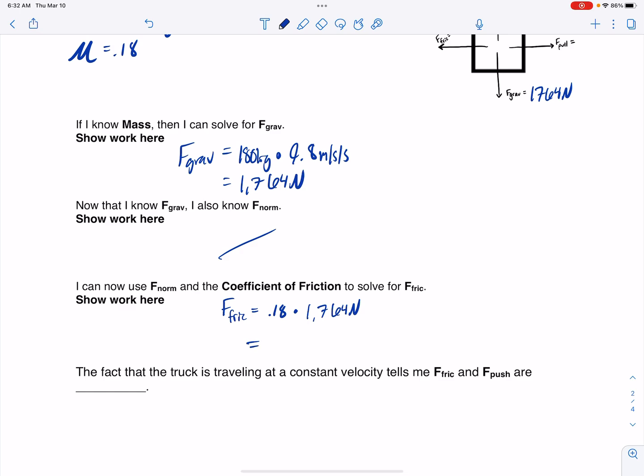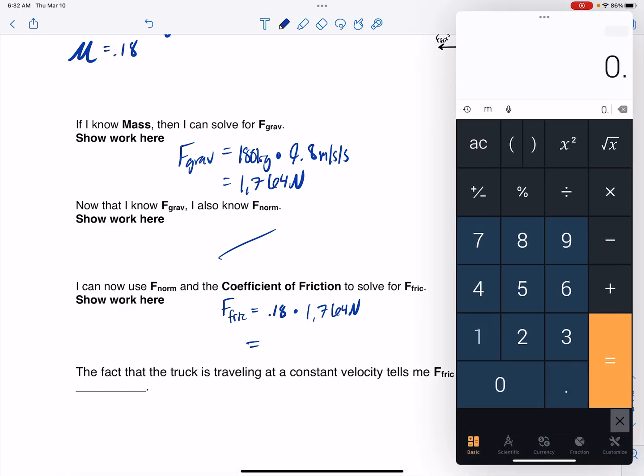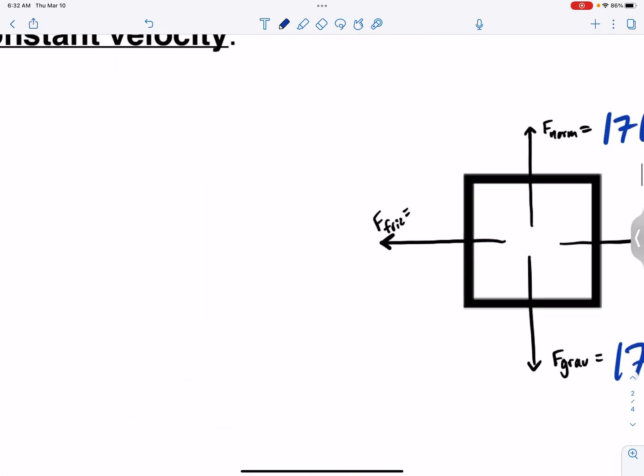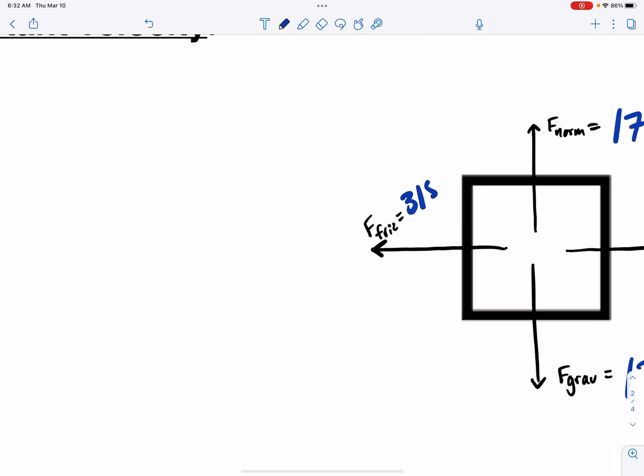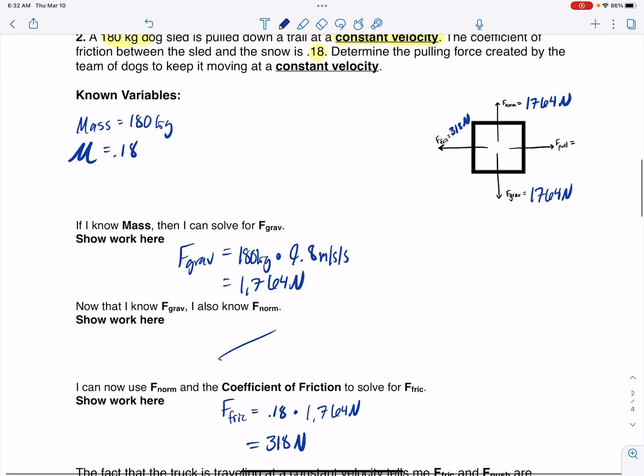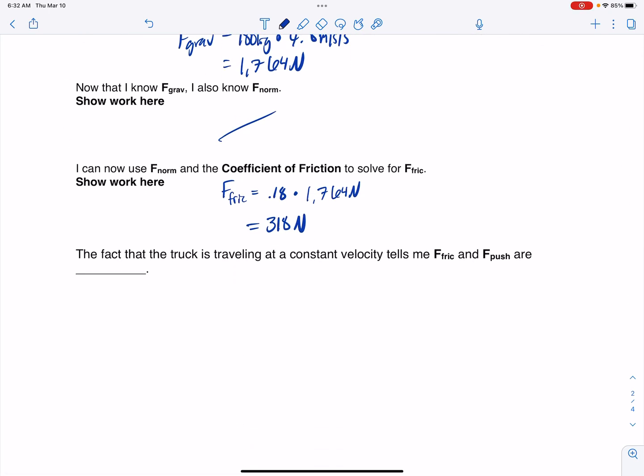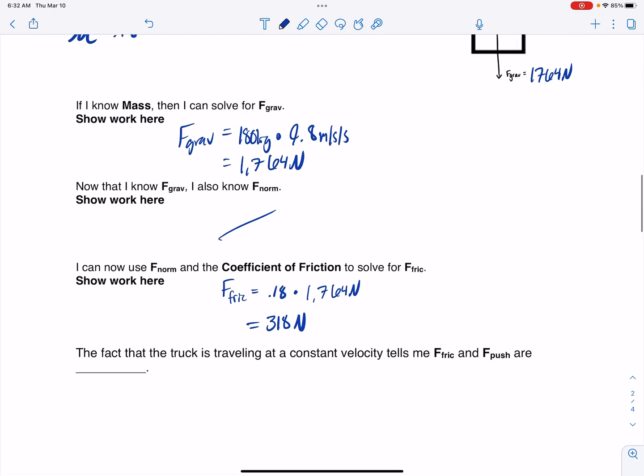Let's see what that gives us. 0.18 times 1,764 gives me, we'll say, 318 newtons for my force of friction. So I'll plug that in up here: 318 newtons.